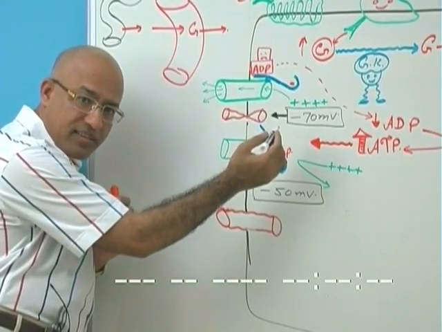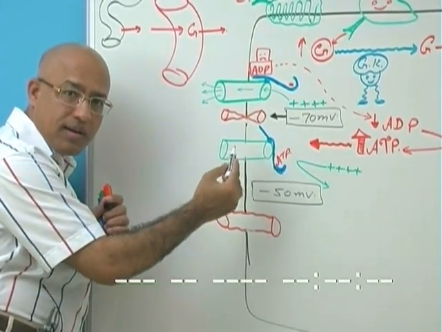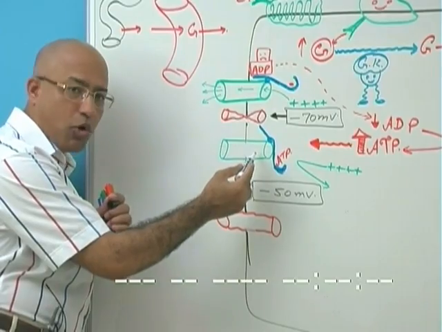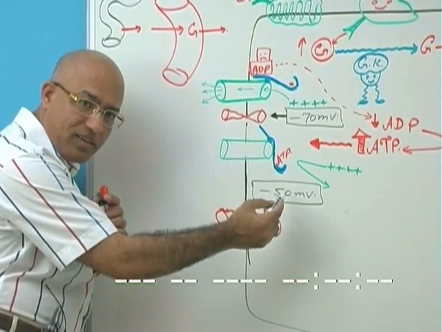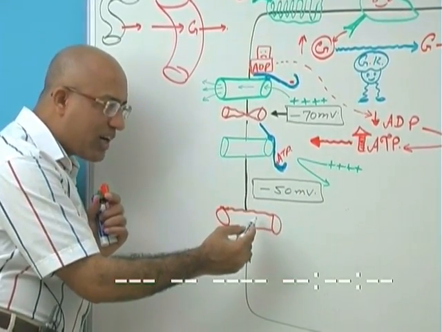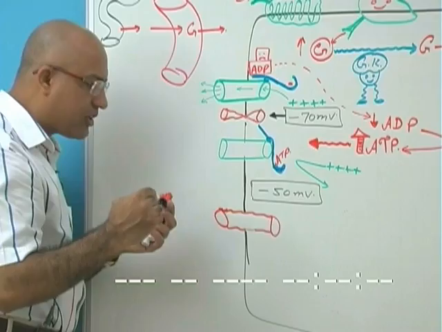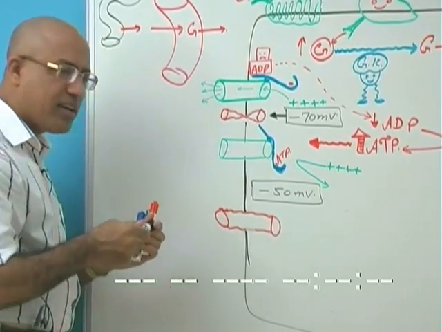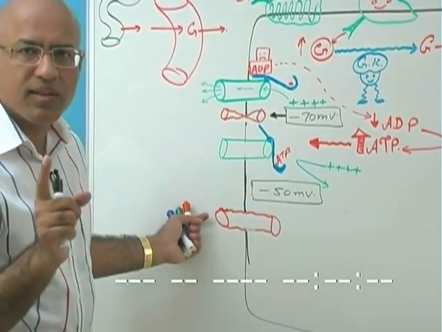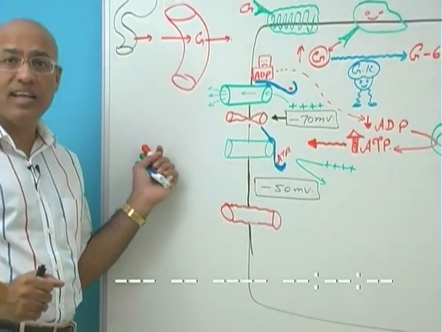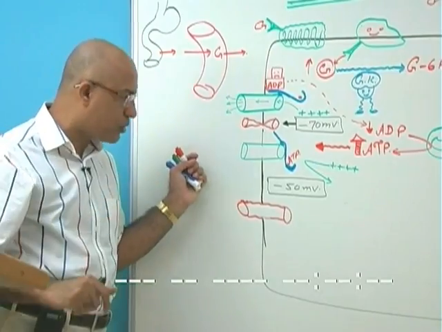But as soon as glucose enters, ATP level goes up, ATP sensitive potassium channels close, and retained potassium depolarizes the membrane. Then this voltage sensitive, or depolarization sensitive, calcium channel opens, and calcium will move from high concentration to low concentration. You must know that extracellular calcium levels are normally very high compared to cytosolic calcium.